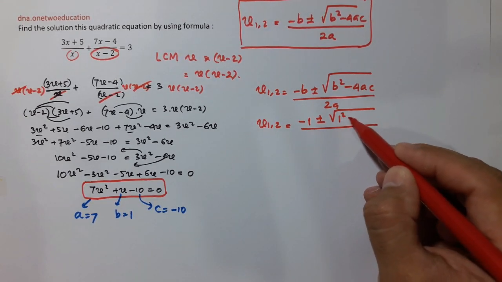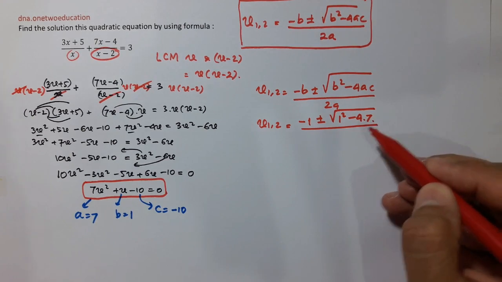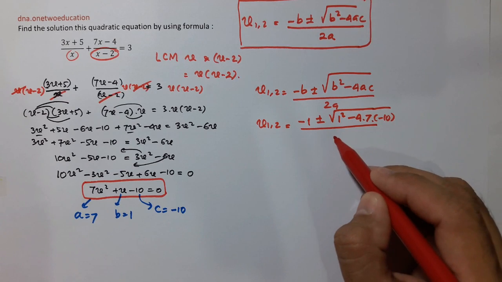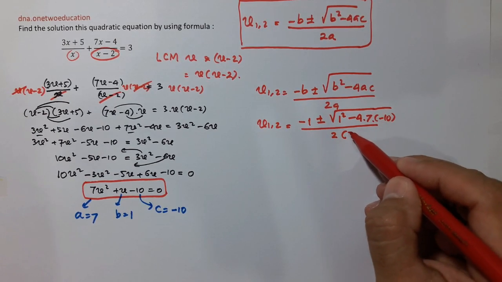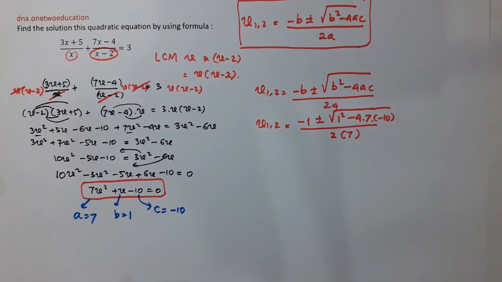So 1 squared minus 4 times a is 7 times c is minus 10, over 2 times a is 7, right?